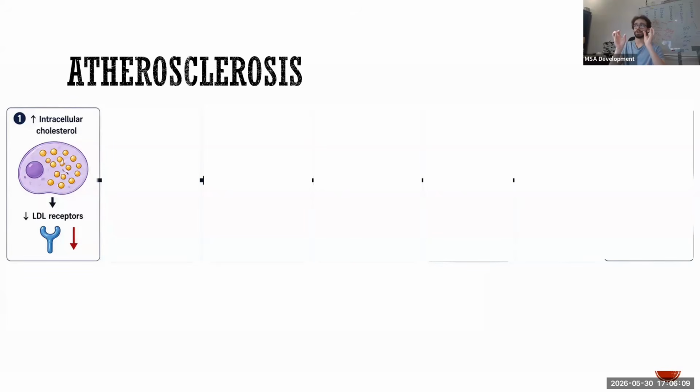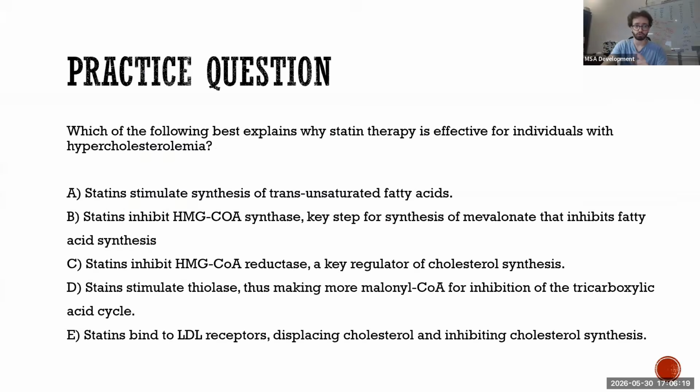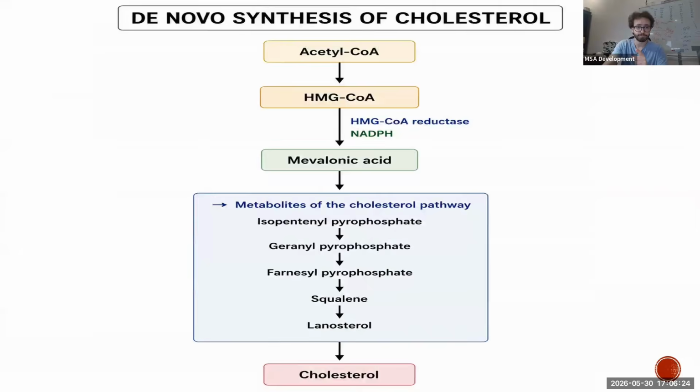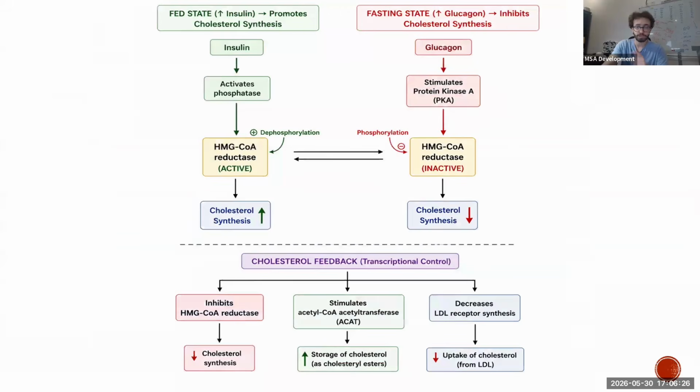Cholesterol can regulate its synthesis by either inhibiting LDL receptors or ACAT or... The third one, what was it? Let's go back to it actually, because it was very important. You have to memorize it. It was, here: inhibits HMG-CoA reductase, or stimulates ACAT, or decreases LDL receptor synthesis. This is how cholesterol does feedback.